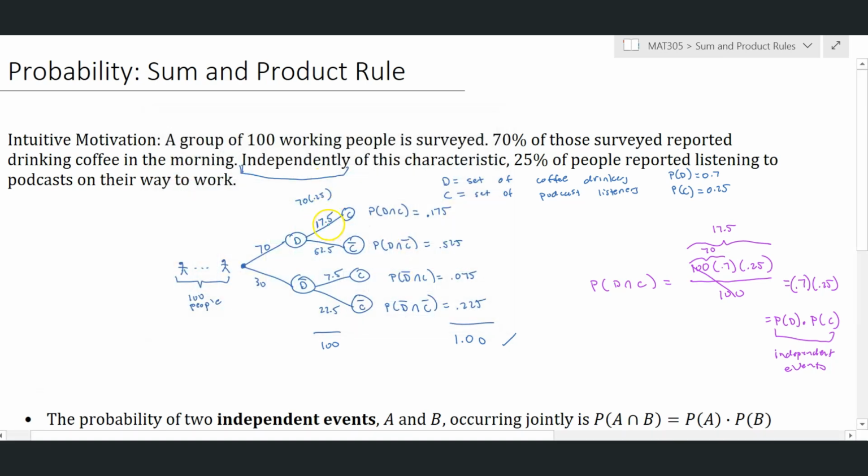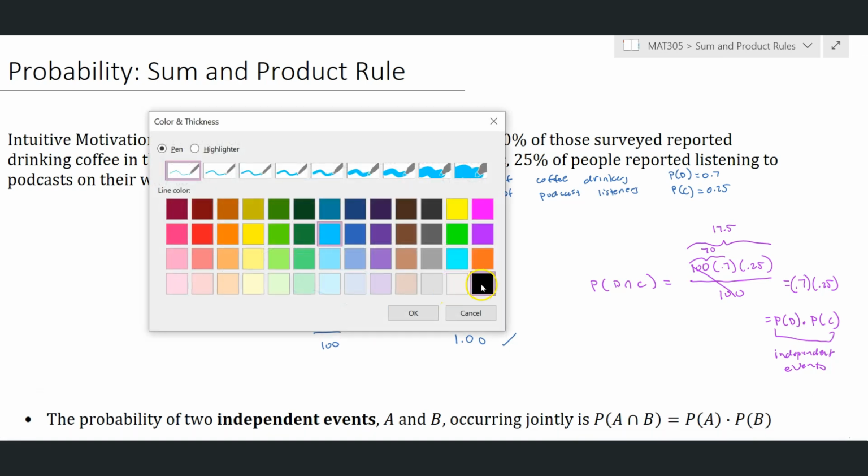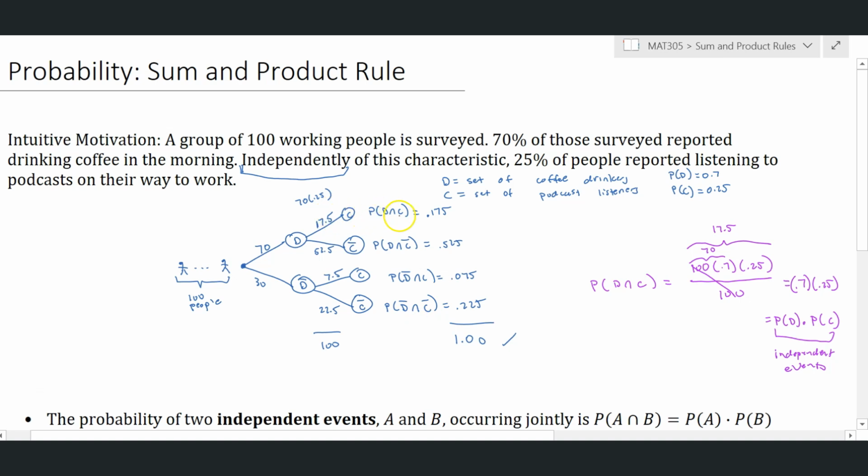So in that case, the way we might write this is we might say, instead of, hey, let's call this the probability of C, maybe we would call this the probability of C given the fact, that little vertical bar means given some information, given the fact that the person is a coffee drinker. And so notice that it's still the probability of C, but it's the probability of C out of the people who are coffee drinkers.